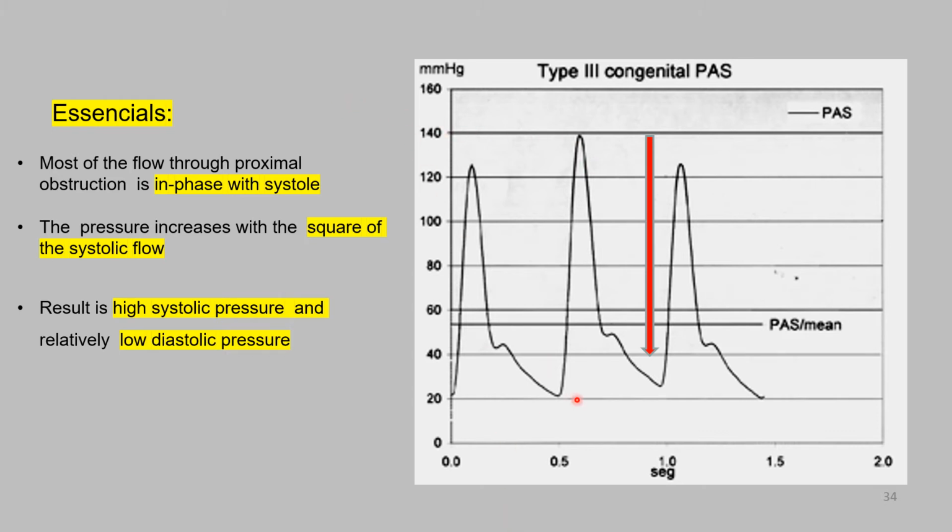Compared to the cardiac cycle, you have a small time for the flow to go through, and most of this flow goes during systole. So what happens is that you have a lot of velocity through those stenoses.